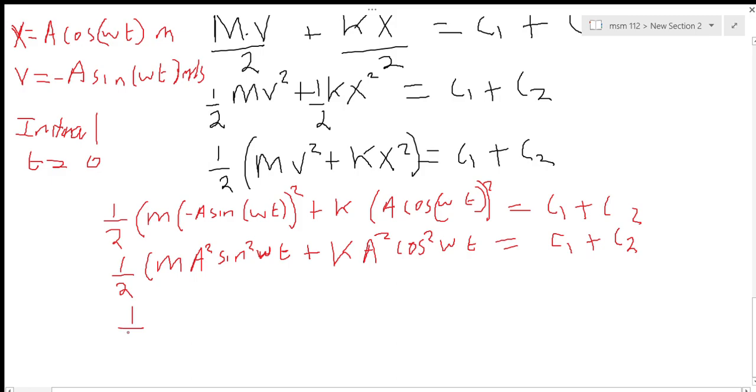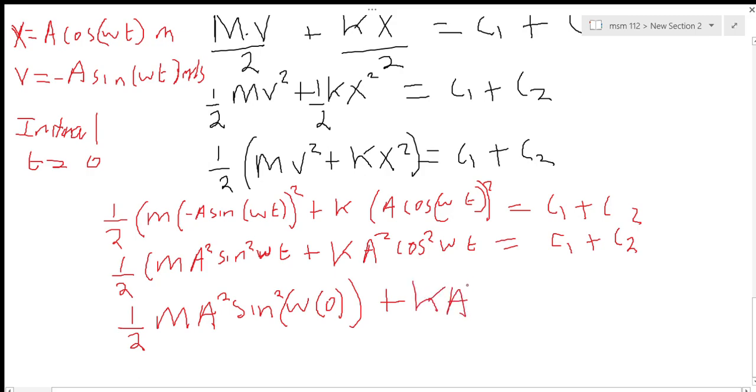When we do that, this will be half m a squared sine squared omega times 0, plus half k a squared cos squared omega times 0, is equal to, so this we can denote this.